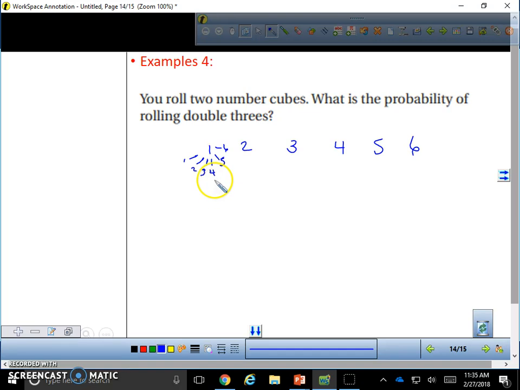We're looking for double 3s. You see how this gets tedious and why the fundamental counting principle is very helpful.